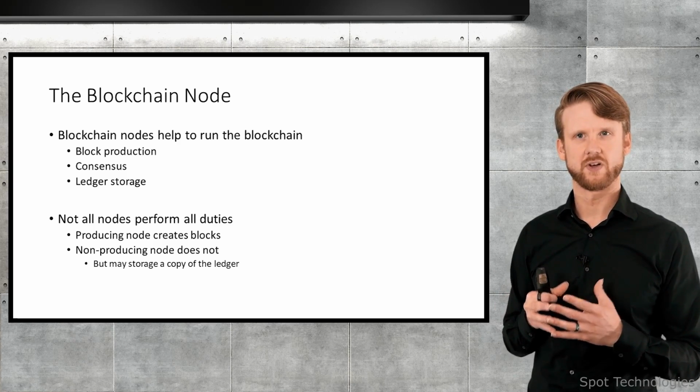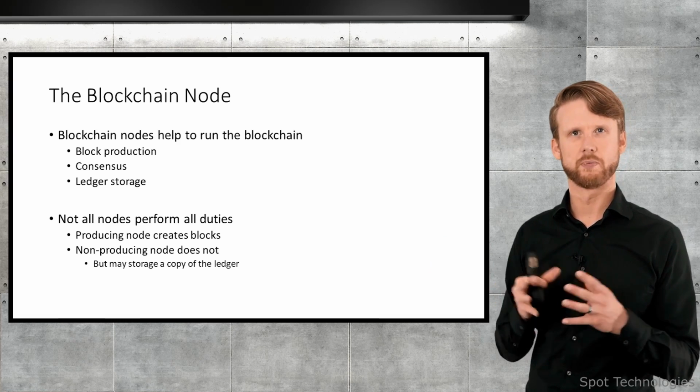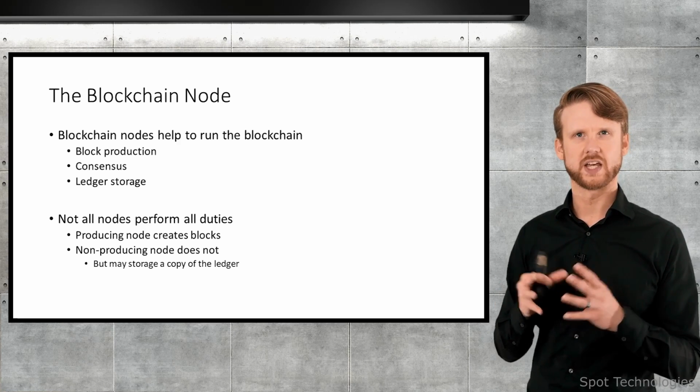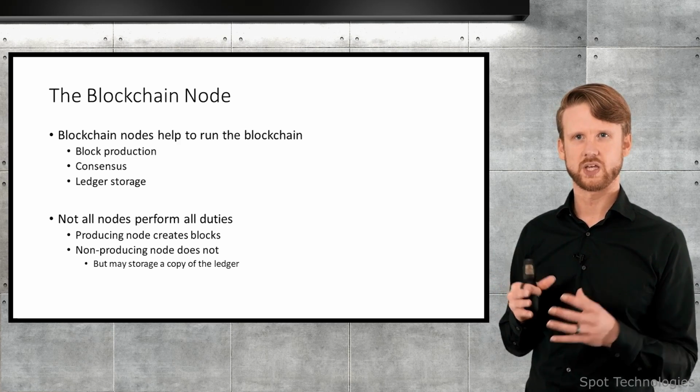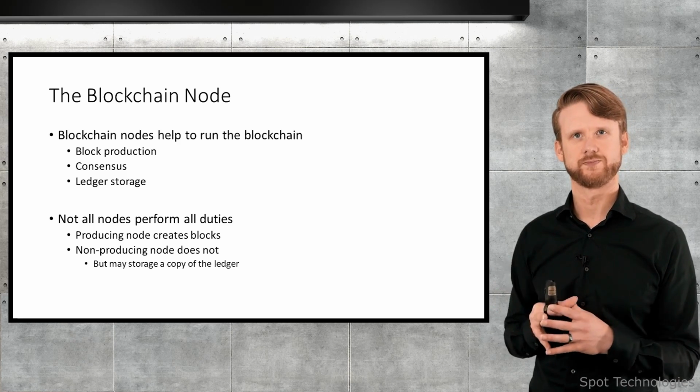We also have the storage of the digital ledger. So the whole point of blockchain is to maintain an accounts ledger of the history of the network. And so each node in the network might participate in storing that ledger.